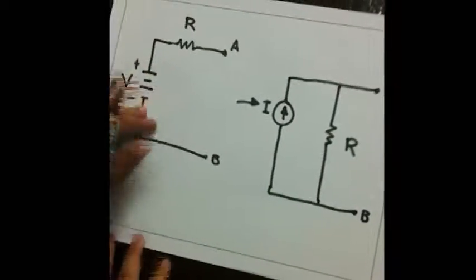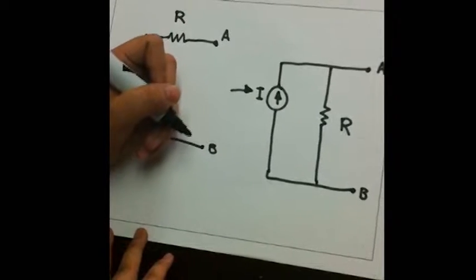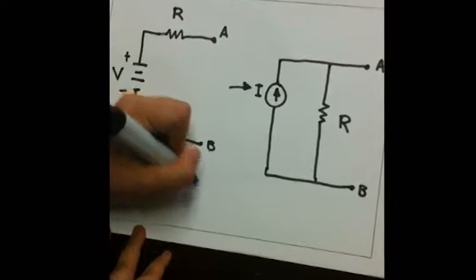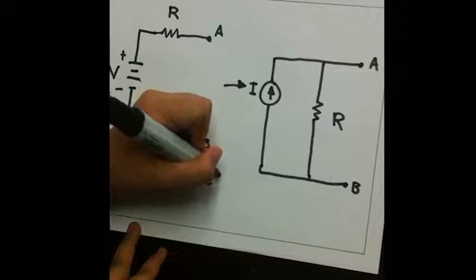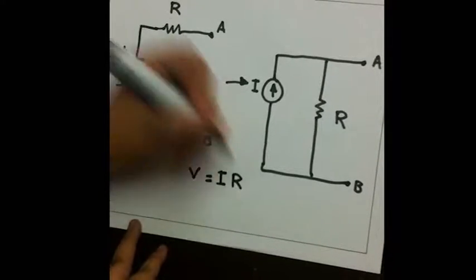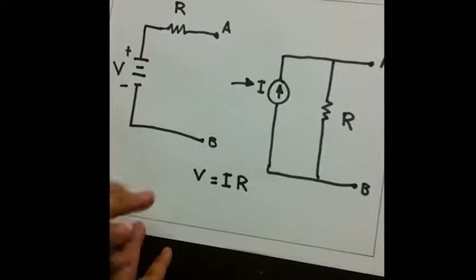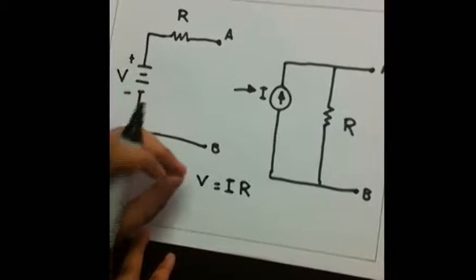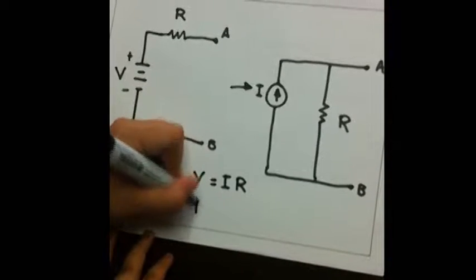Remember that Ohm's law states that a voltage on a material is equal to the material's resistance times the amount of current through it. Since source transformations are bilateral, one can be derived from the other.